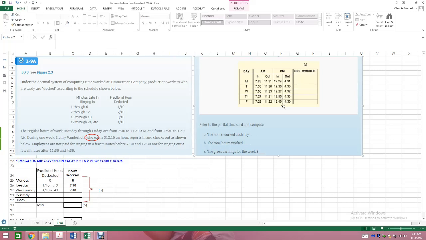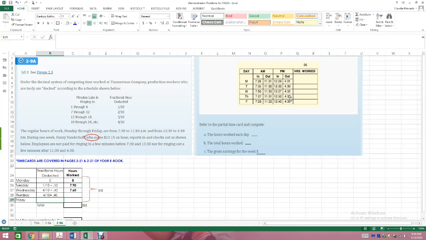He clocked in at 12:50. He clocked in 20 minutes late from lunch. So we need to penalize him. If it's 20 minutes, then it's going to fall under this category. So the penalty is going to be, once again, 4/10, which equals 0.40.